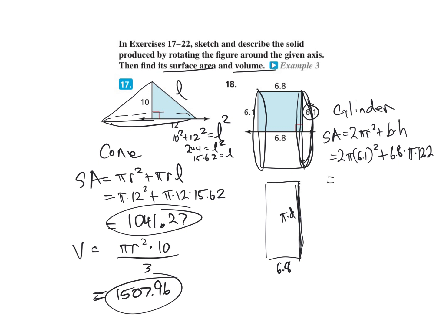So 6.1 squared times pi times 2 of them is 233.797. Then we add that to the group of 6.8 times pi times 12.2, and the total of this is 494.42.